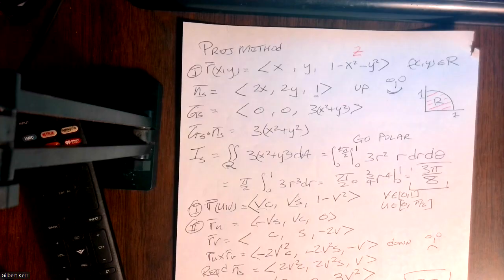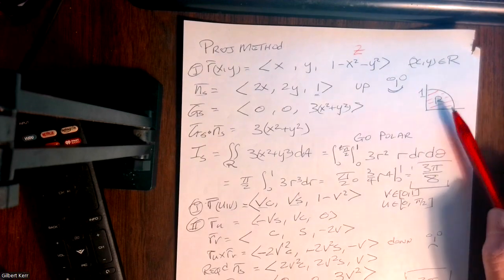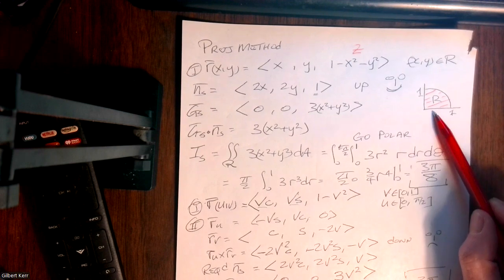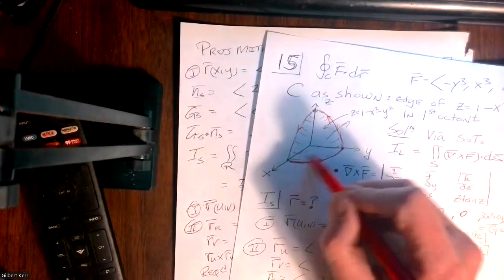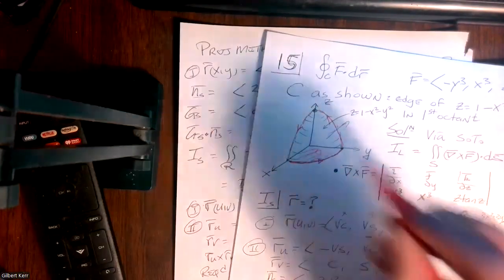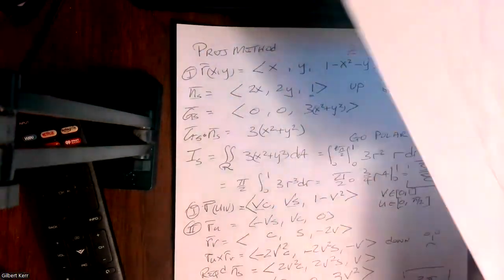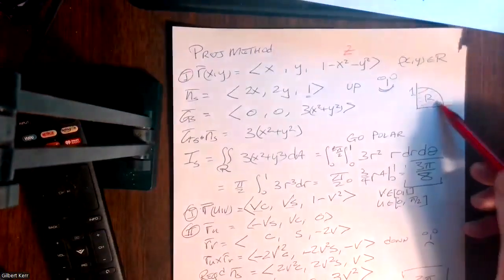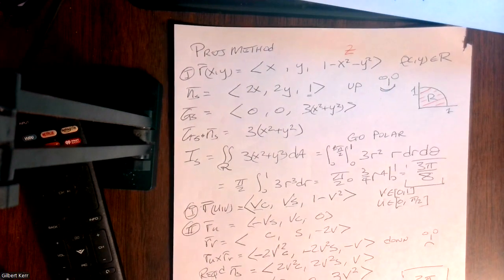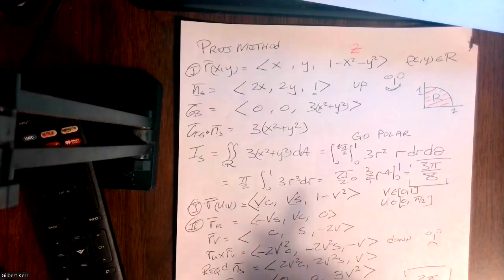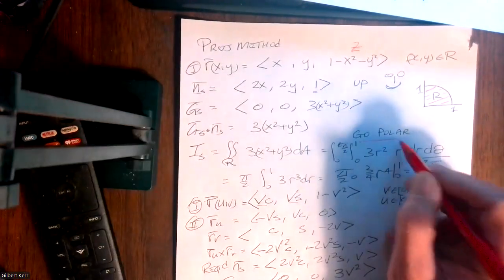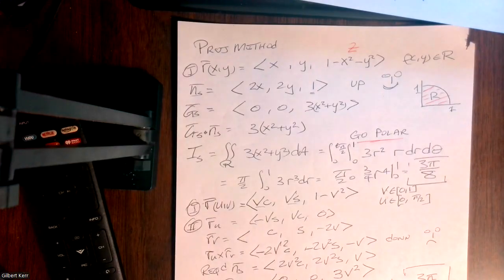What you need to be careful of, however, is that when we use the projection method, we're left with a review of chapter 15, where in this case we have a double integral over this region here, because that's what we see when we look at it from above. Okay, that region there. And because that's like 1/4 of a disk, and because we've got the 3x squared plus y squared, it's probably advisable to use polar coordinates.